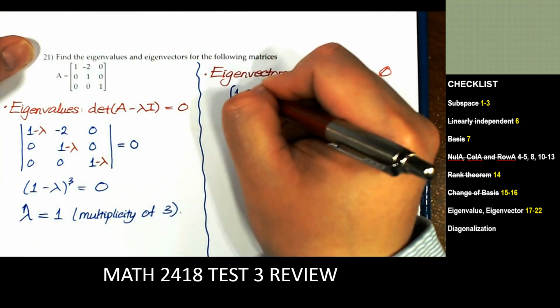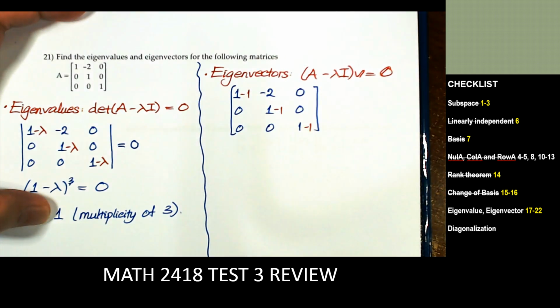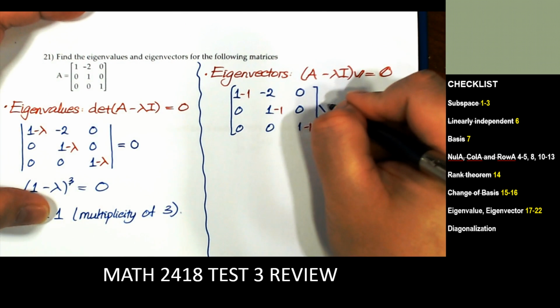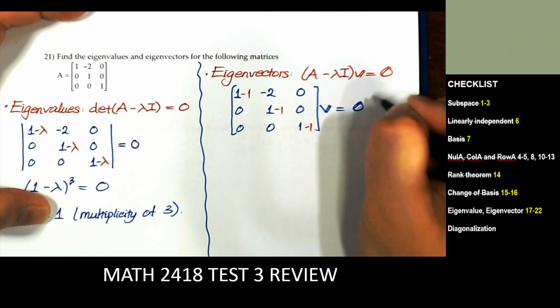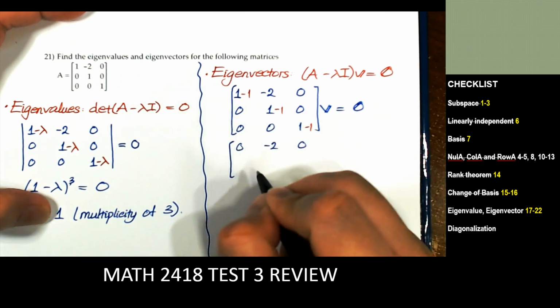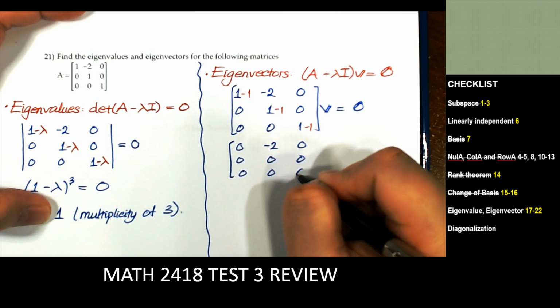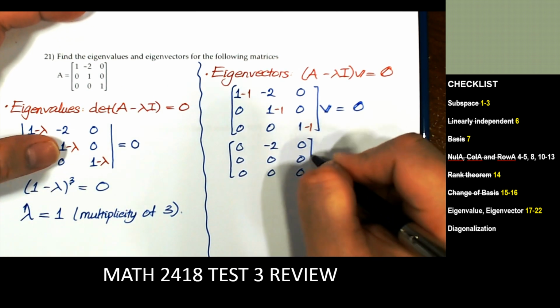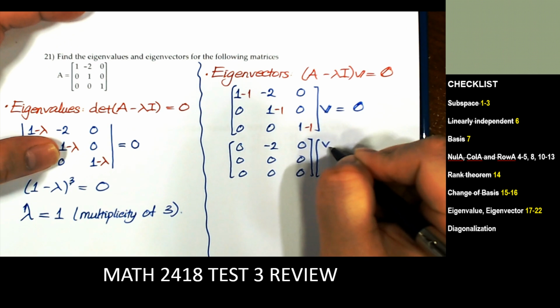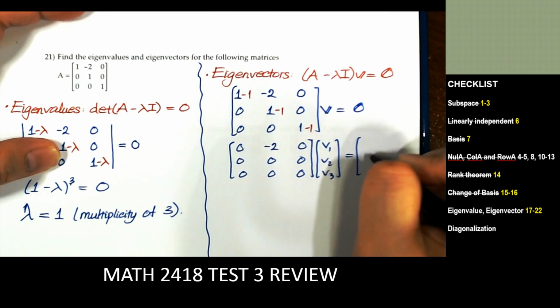Let's subtract lambda, which is 1, on the diagonal. When we do that, we have a matrix multiplied by v equal to a 0 vector. So we have 0, negative 2, 0, and 0 everywhere else, multiplying the vector v1, v2, v3, equal to a 0 vector.